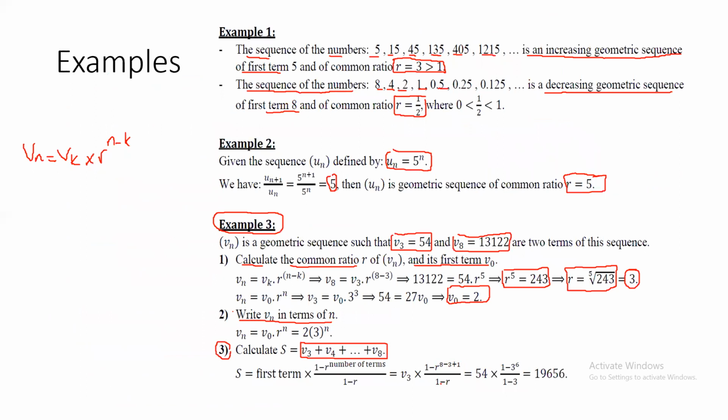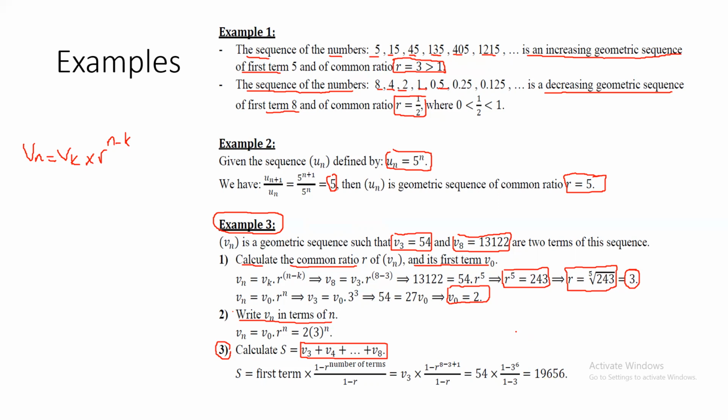V3 is 54, times 1 minus 3 to the power 6, since r is 3, over 1 minus 3. We get 19,656.